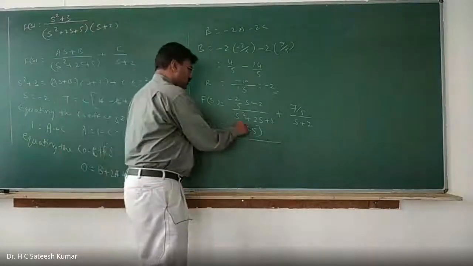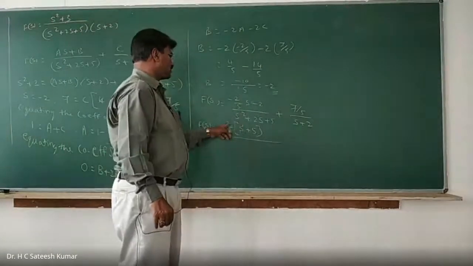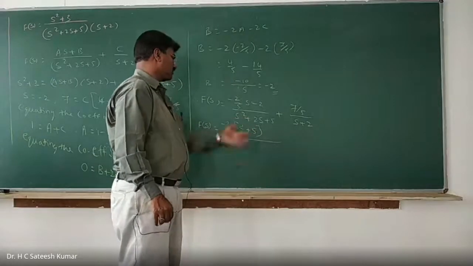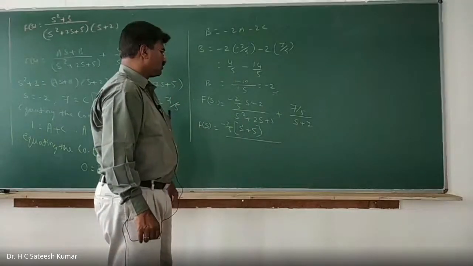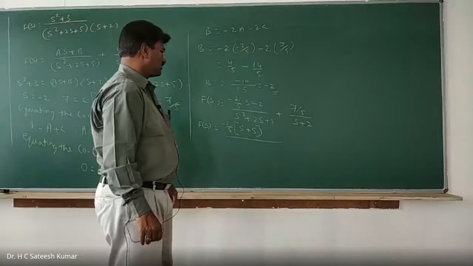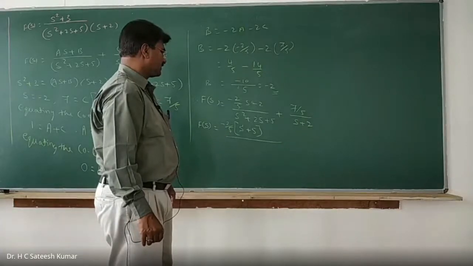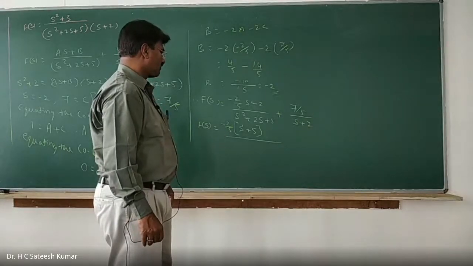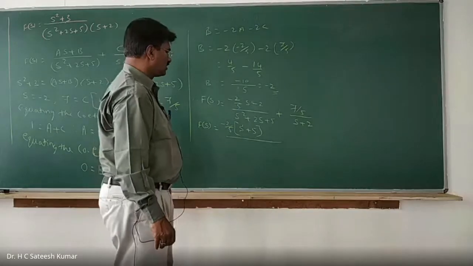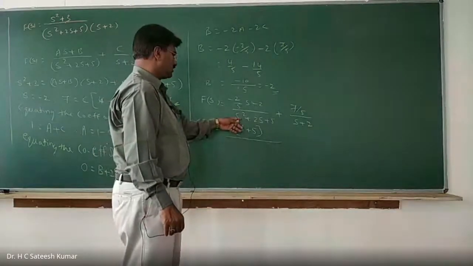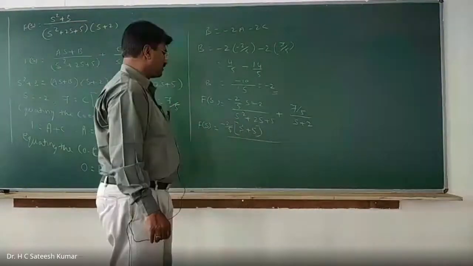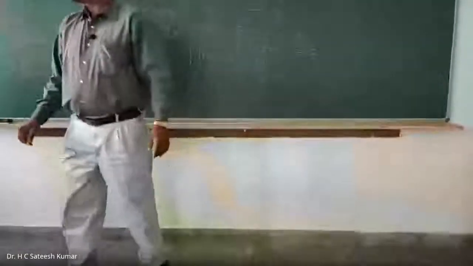So this is s plus 5, minus 2 by 5 s, minus 5 gets cancelled, minus 2. It's correct. So now what we can write here? s plus 5 divided by, okay.